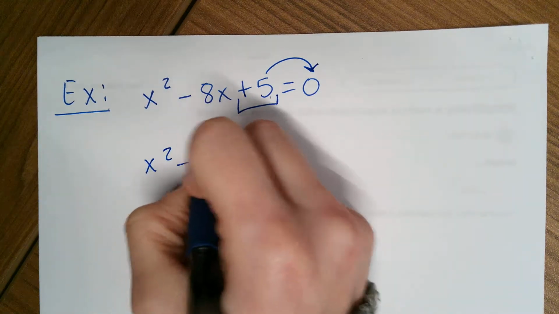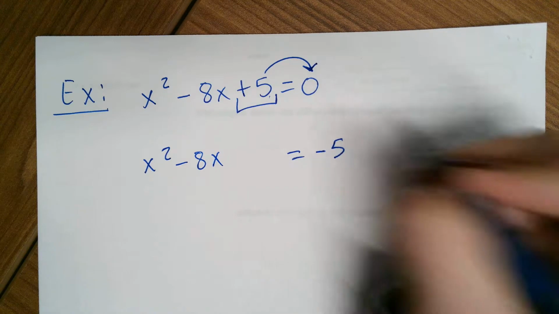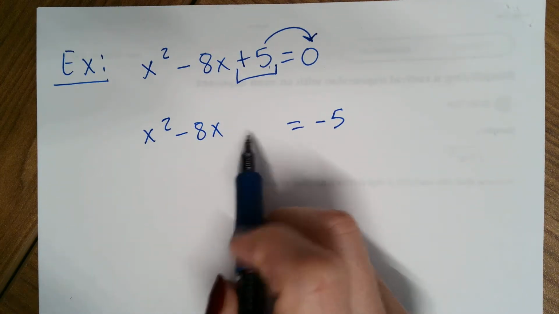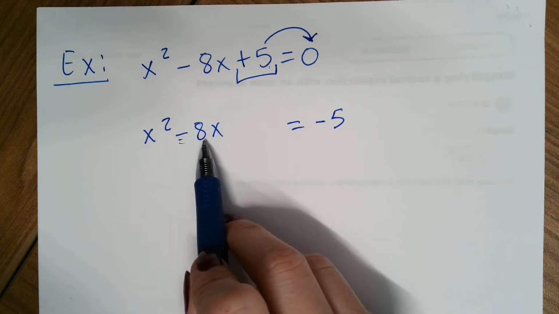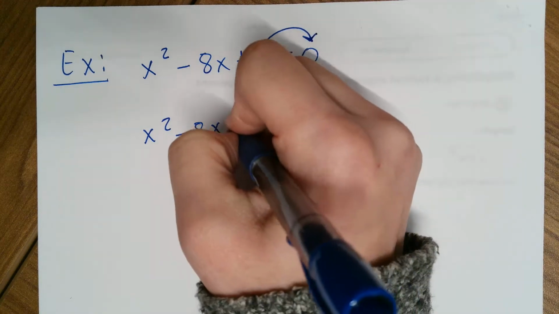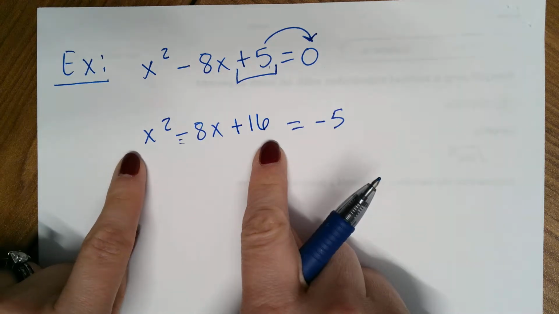So I get x squared minus 8x equals -5. Now we decided that c value should be 16, again because half of -8 is -4, and -4 squared is 16. So if I add 16 right here, this is now a perfect square trinomial.